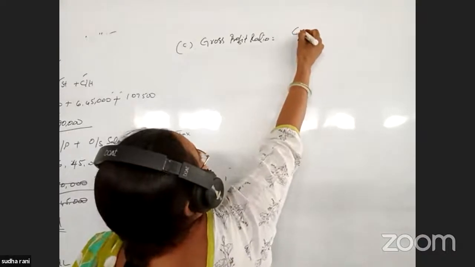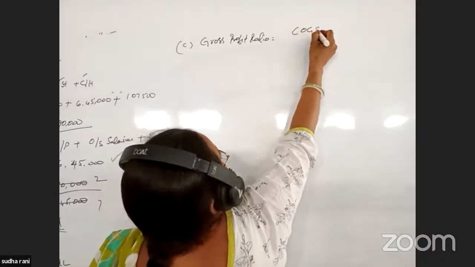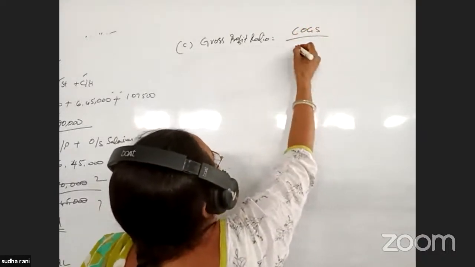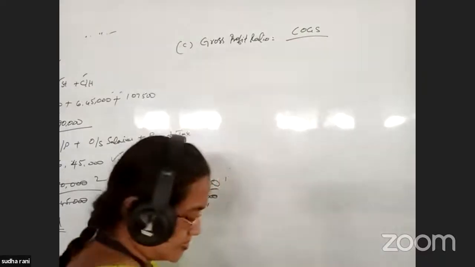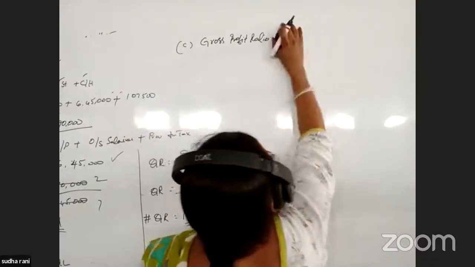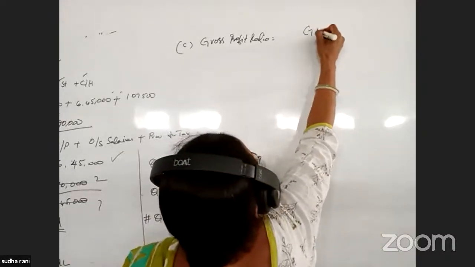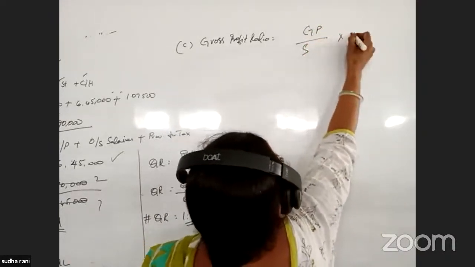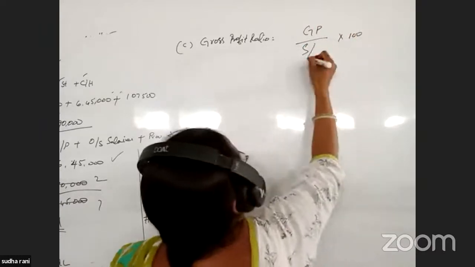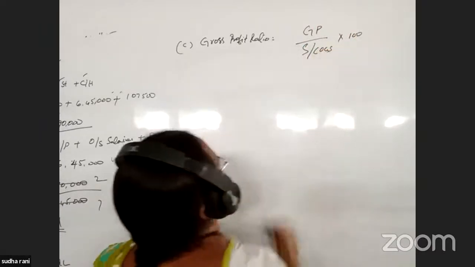How do you get it? Gross profit by sales into 100. In essence, cost of goods sold also you can take.